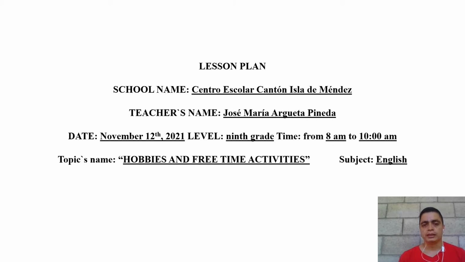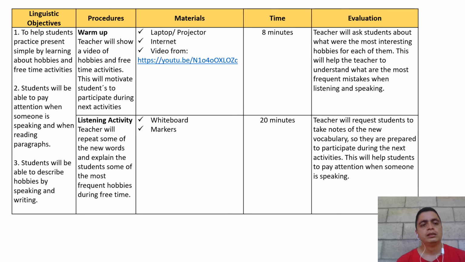The class will be from 8 a.m. to 10 a.m. Topic name, hobbies and free time activities. And subject, English. So we will be talking about hobbies and free time activities, something that the students will like. This is the format for my lesson plan.